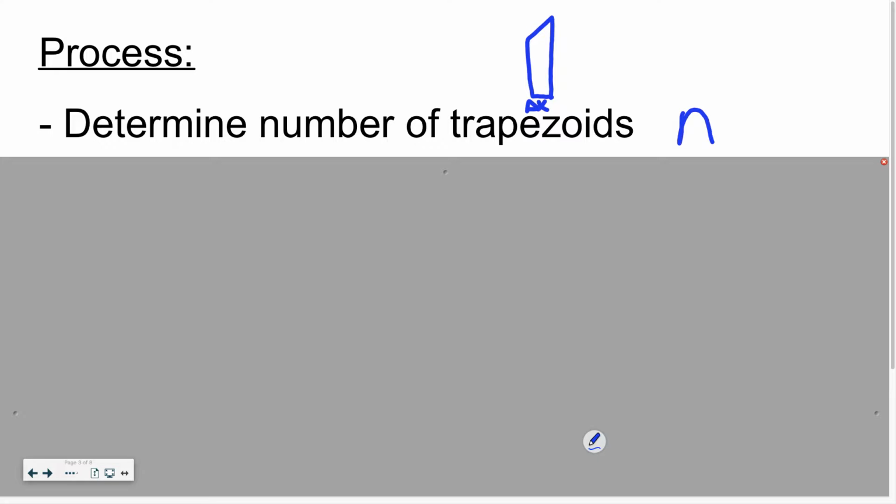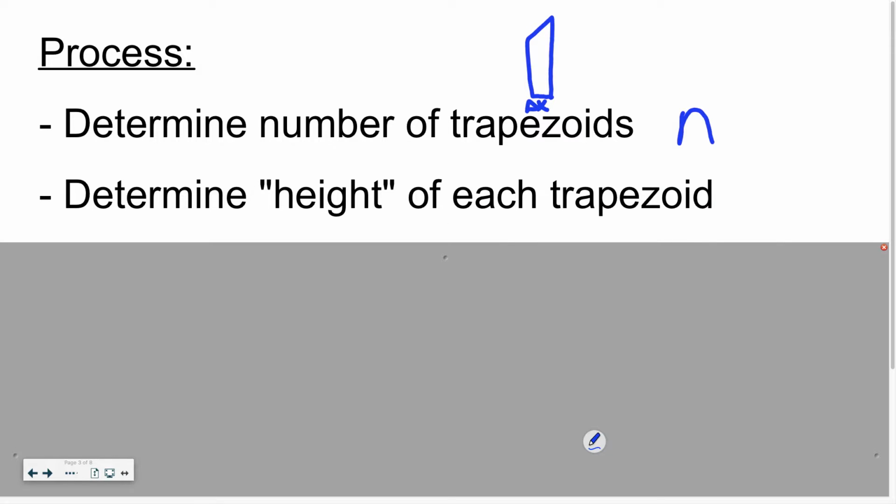The bases are the two parallel sides. So delta x is referring to our height. So we'll find delta x, and that gives us the height of each of our trapezoids.